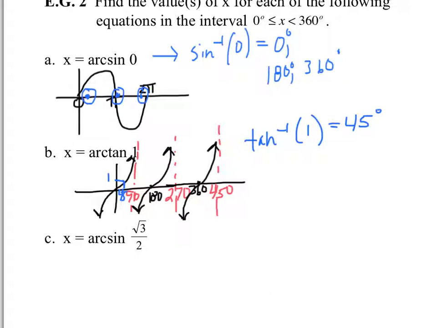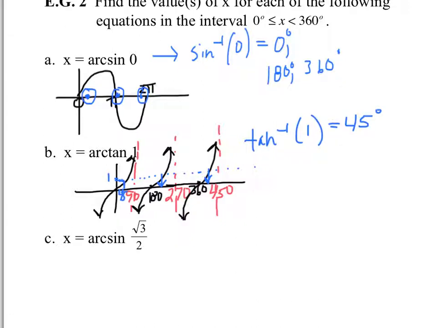If you look at that y value and go straight across the graph, you're looking for other angles in the same position as the 45 degrees that hits the 1 on the graph, and it's got to be between 0 degrees and 360. We've got one of those angles right after 180 degrees. The next one is down here, but it's after 360 degrees, so we're not going to want to include that one.